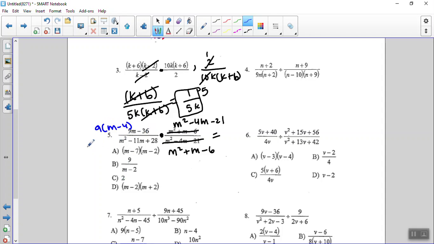And this one, this is a trinomial, so you have m minus, so 7 times 4 is 28. Yeah, 7 times 4 right there.